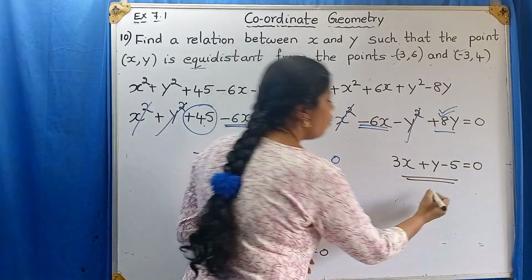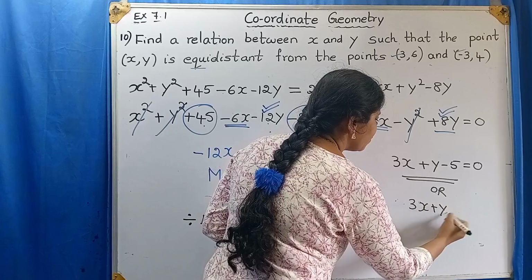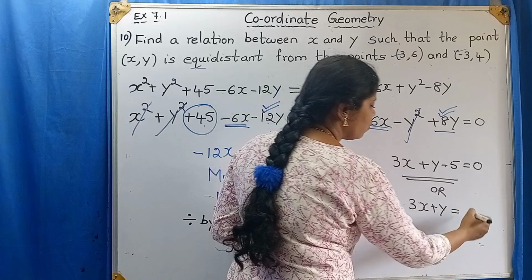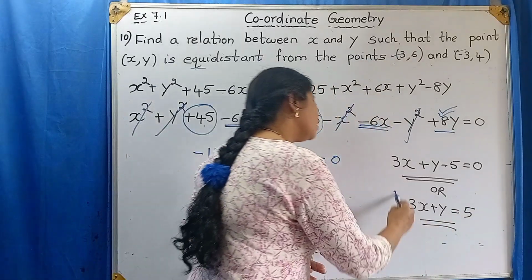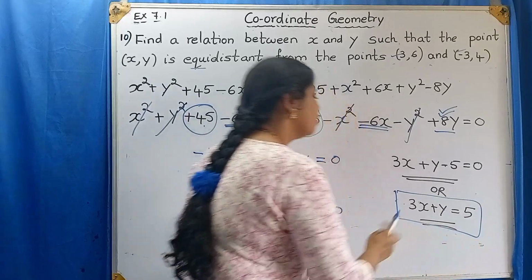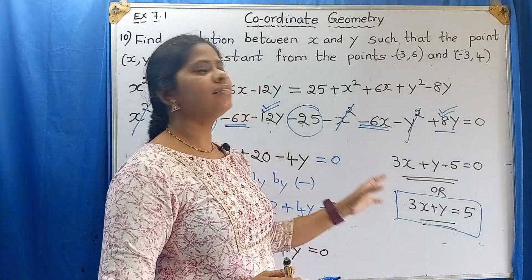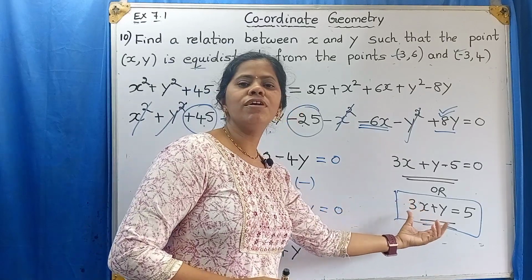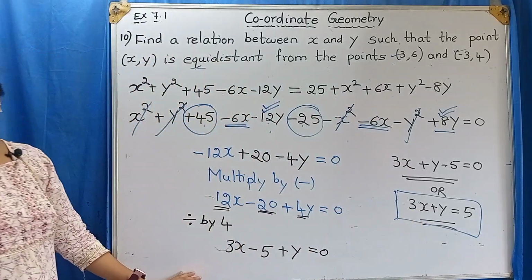Isn't it? Or you can write it as 3x plus y is equal to, when this minus 5 will cross this is equal to sign, it will become plus 5. Okay. This is the relationship between the points x and y. When they will ask the relationship between the points, you will get in the equation form. Okay. Hope you have understood. Thank you.